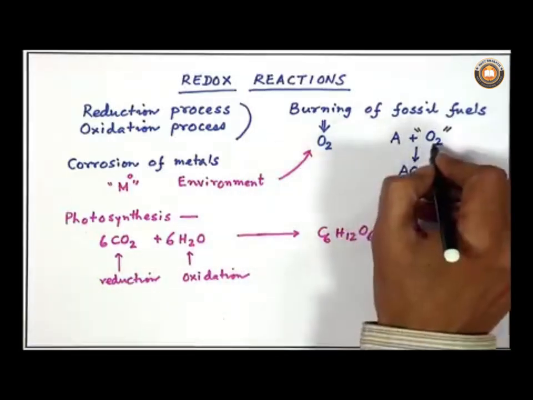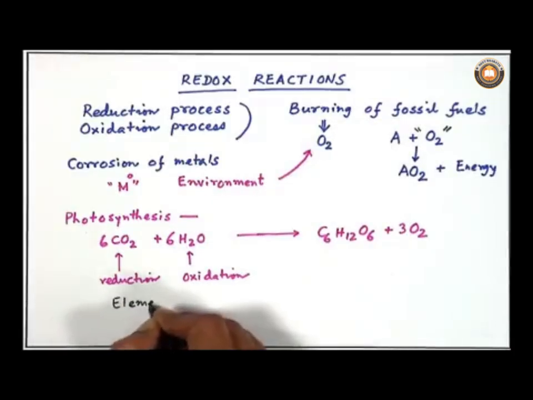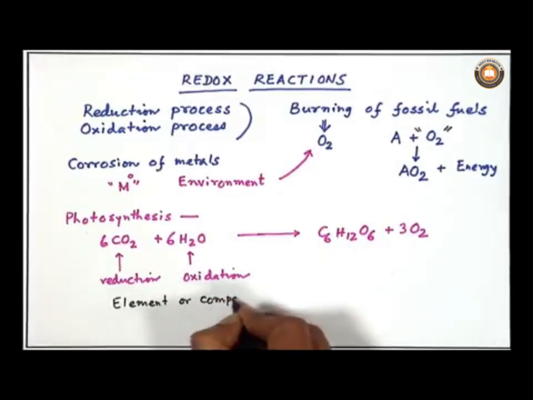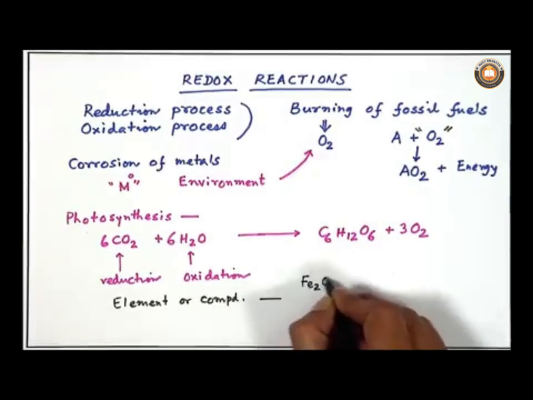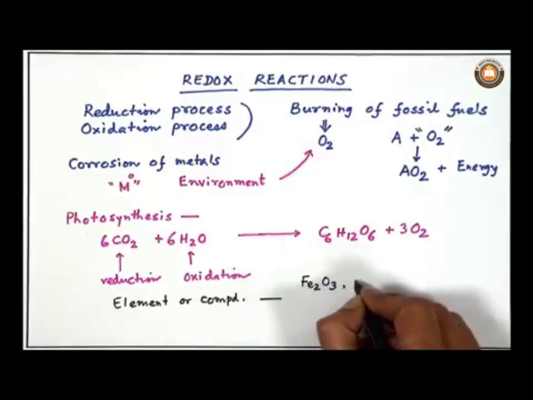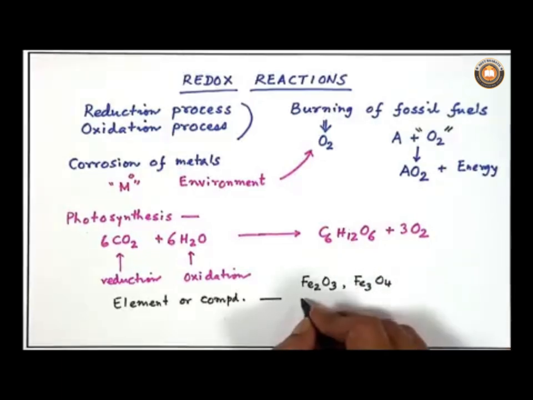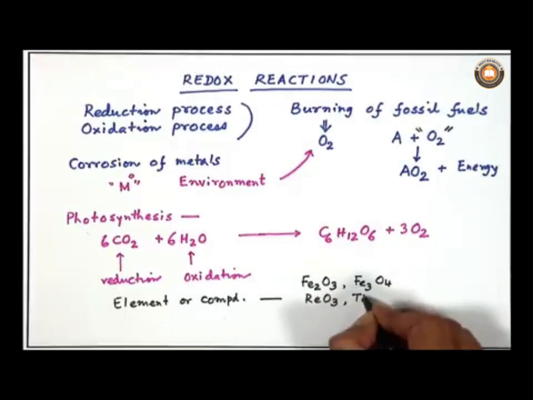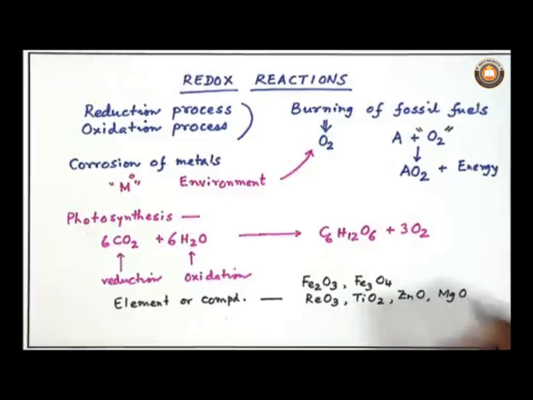So, anywhere the addition of O2 to an element or compound can give species such as Fe2O3, Fe3O4 or some other metal oxides like ReO3, titanium dioxide, zinc oxide, magnesium oxide.